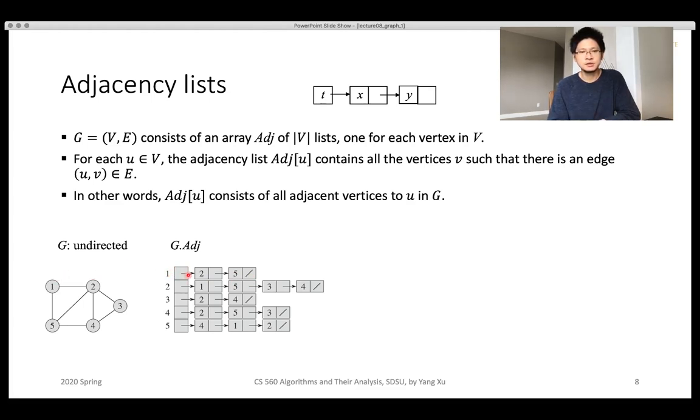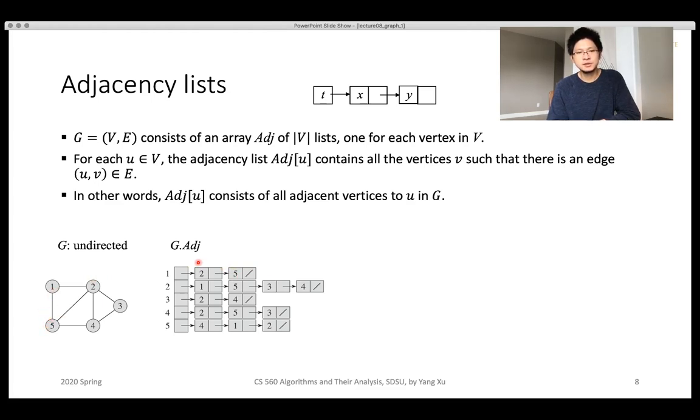It starts with vertex 1 and connects to vertex 2, because 2 is adjacent to 1, there's an edge from 1 to 2. Then 2 connects to 5, because vertex 5 is also an adjacent vertex of vertex 1.